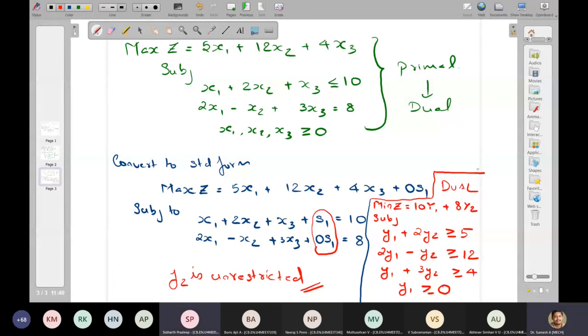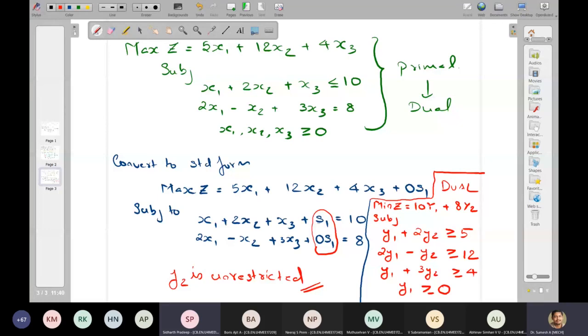One doubt, sir, that last constraint. It becomes y1 plus 0 y2 greater than or equal to 0.